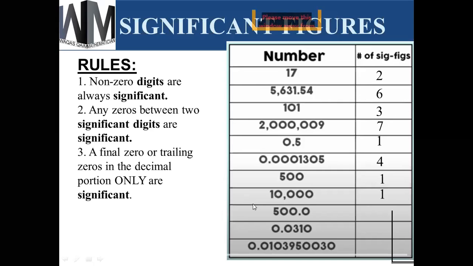So in 500.0, how many significant figures do we have? Why 2, Furqan?